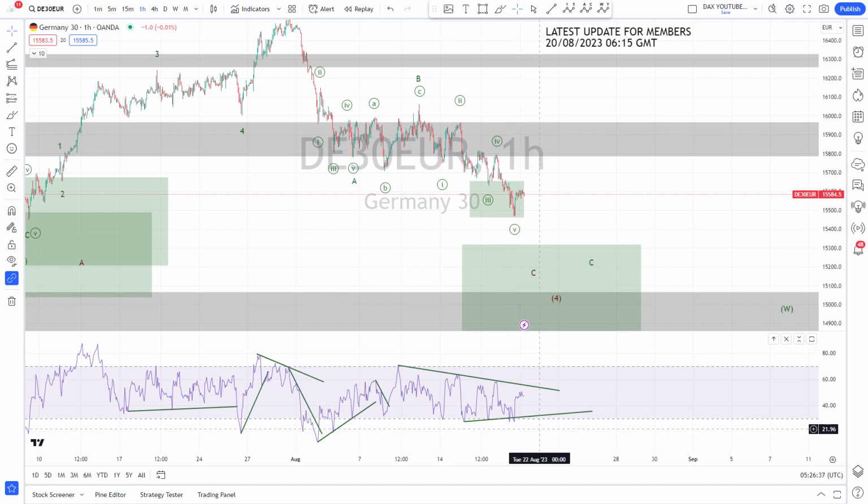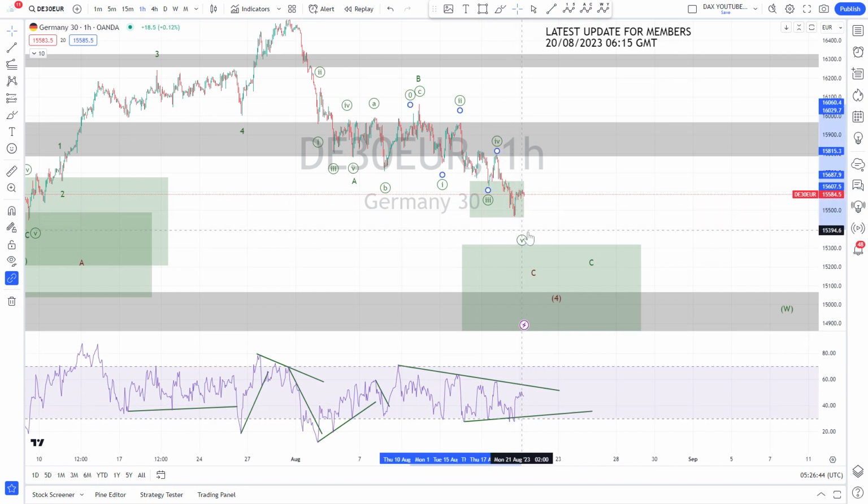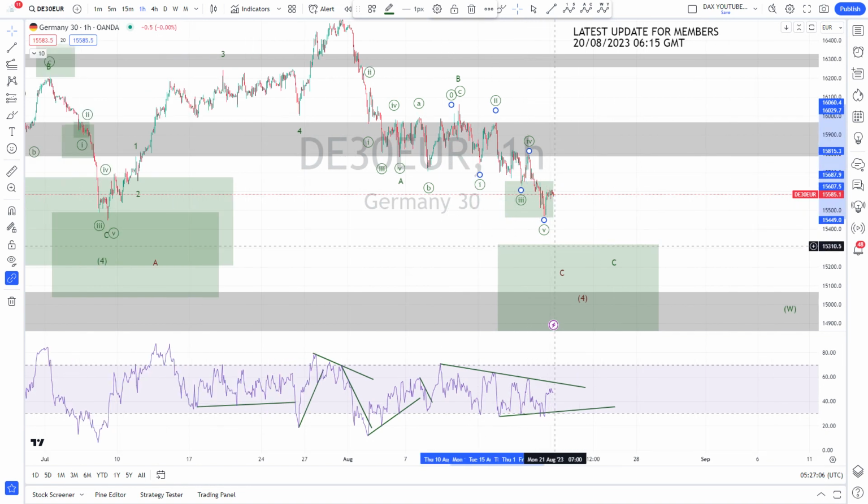We do not end with divergence, so it is better to assume that we make another low, but I've already seen this kind of pattern as a mature ending diagonal. So it could be that we do not reach this area.